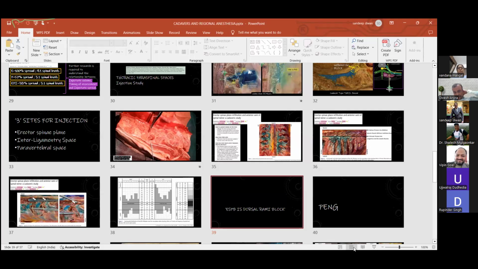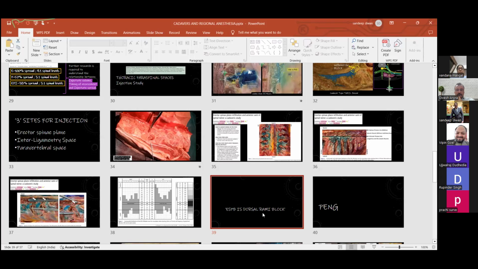This particular lecture was all based on cadavers, so it's all related to anatomic block efficacy and not clinical block efficacy. If you look at all these slides which have been published, they all mention that it's dorsal rami. So coming to this, I feel that this ESP is still a dorsal rami block.